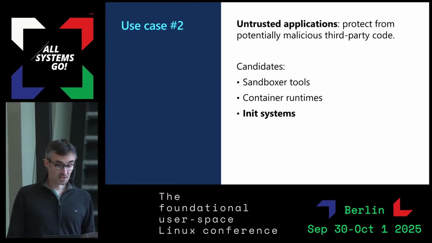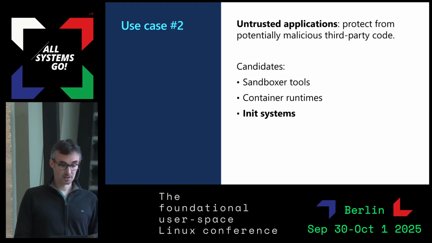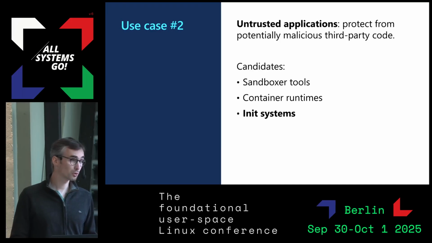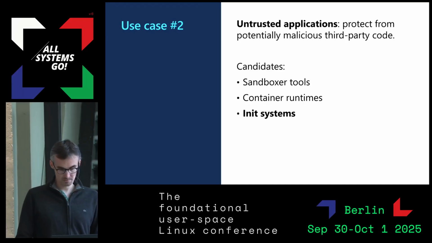The second main use case for Landlock is to be able to sandbox untrusted code. So that's a case where either you don't own the code, you cannot change it, or you don't want to because it would be too costly.